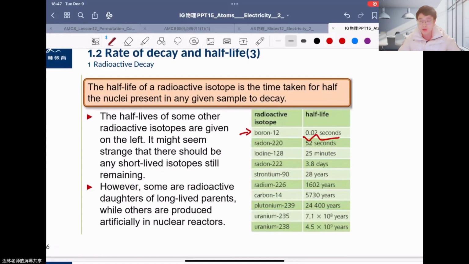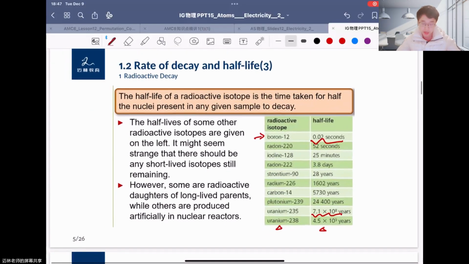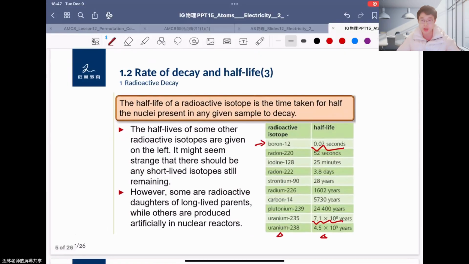That means boron is very unstable, so every period of 0.02 seconds, it changes into another atom. If an atom is very big, like uranium-235 and uranium-238, the half-life is a quite big time period. So this is for different half-lives.